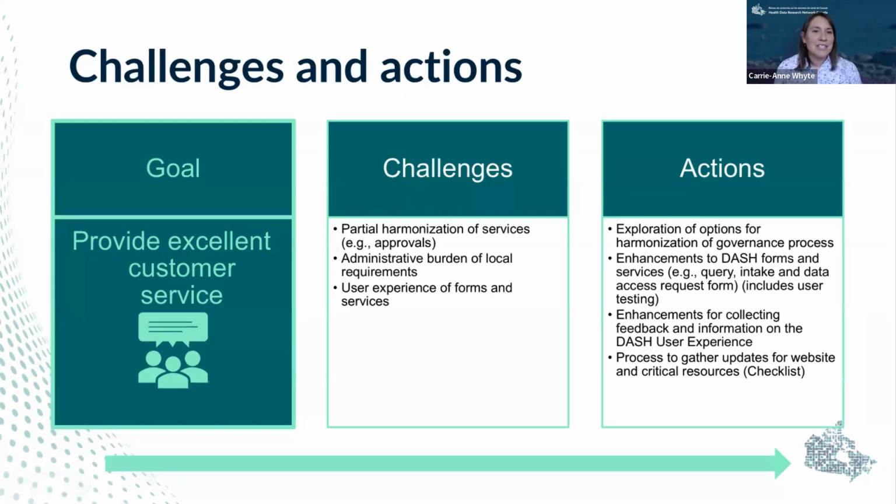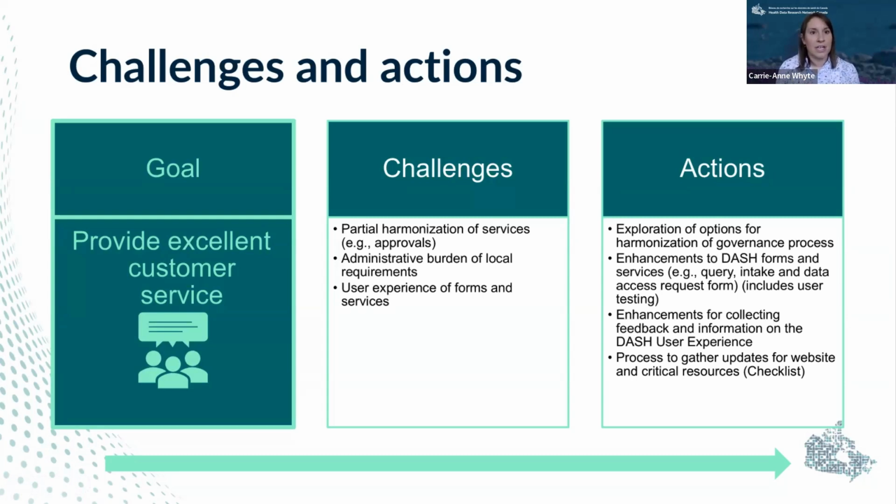So our next key goal is around providing excellent customer service. Some challenges that we faced around achieving this goal have been that although we've done a lot of great work around centralizing our forms and services, there are still some things that have only partial harmonization at this point. For example, our approvals process is very localized.